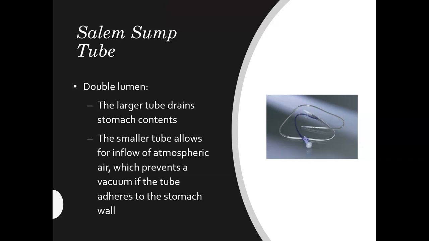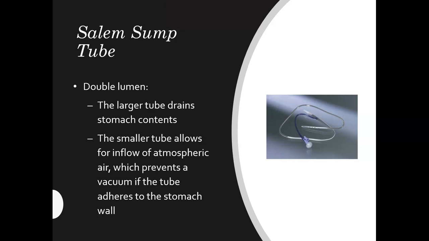So it helps to prevent a vacuum from occurring that causes the tip of the tube in the stomach to vacuum or suction to the side of the stomach. Okay, so that helps with that if they are hooked up to suction, okay?